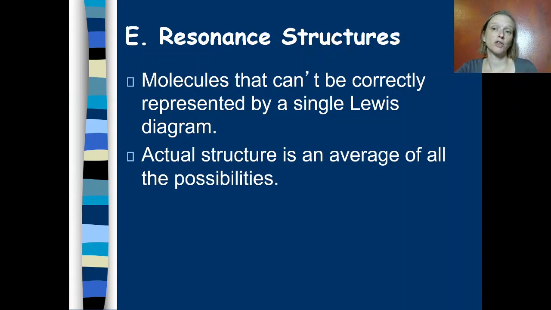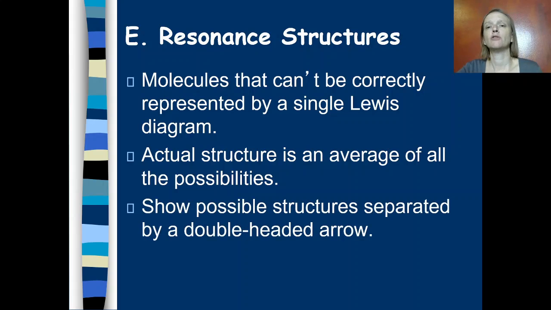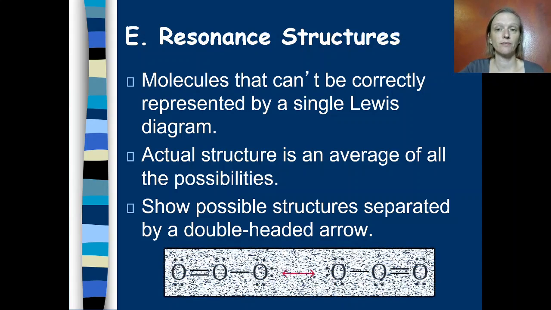The actual structure is going to be an average of all the possibilities that we show. And you show that we have these multiple possibilities by using a double-headed arrow between the different structures.